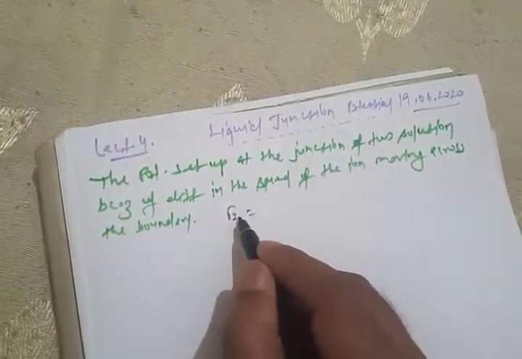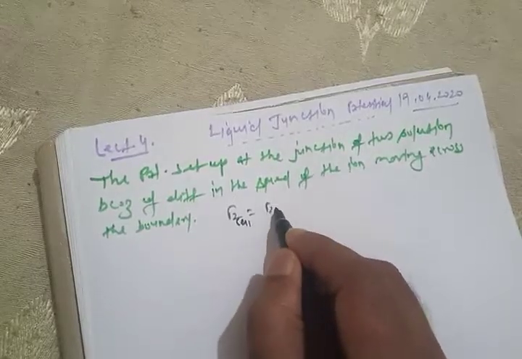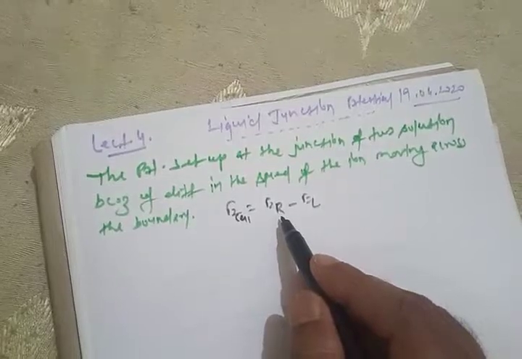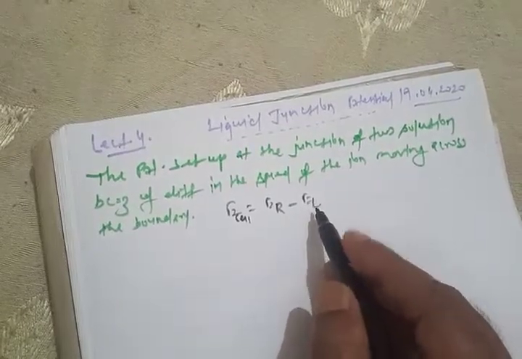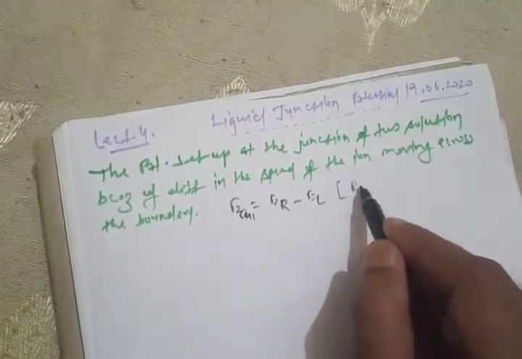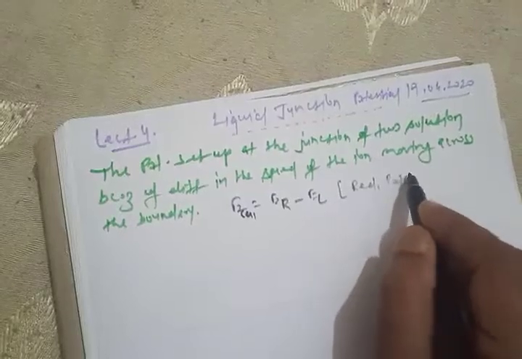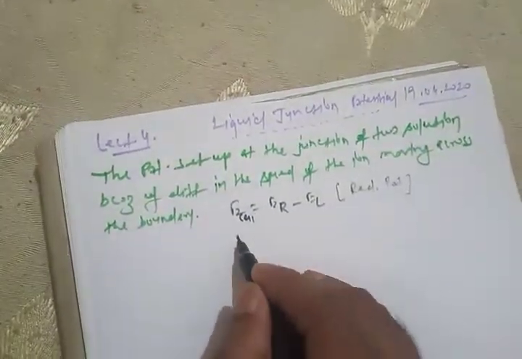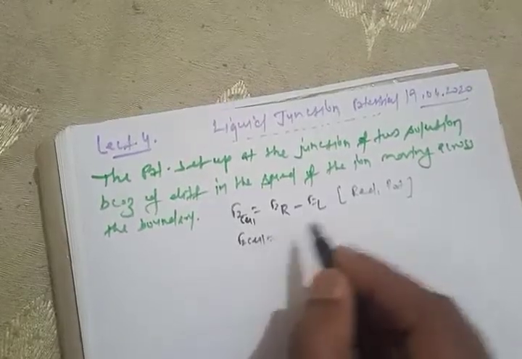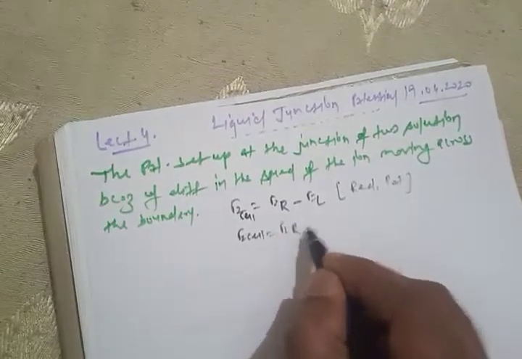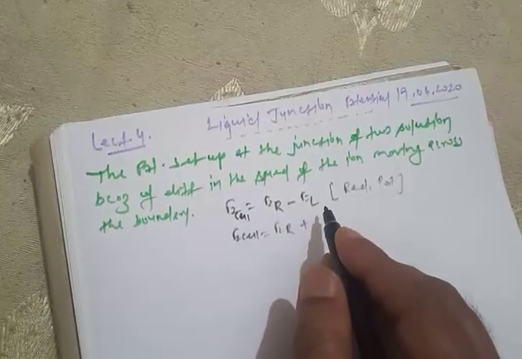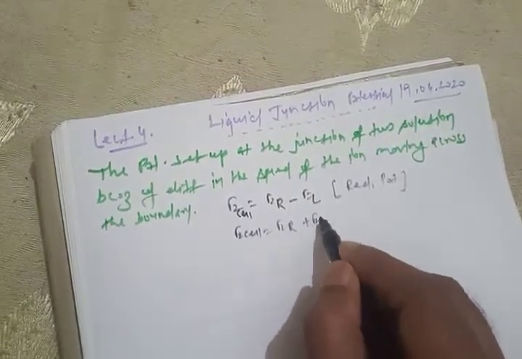So E cell is ER minus EL, where ER is the right hand side and EL is the left hand side, when we talk about the reduction potential. But if you take the oxidation potential, then the minus will be plus. So ER plus EL.